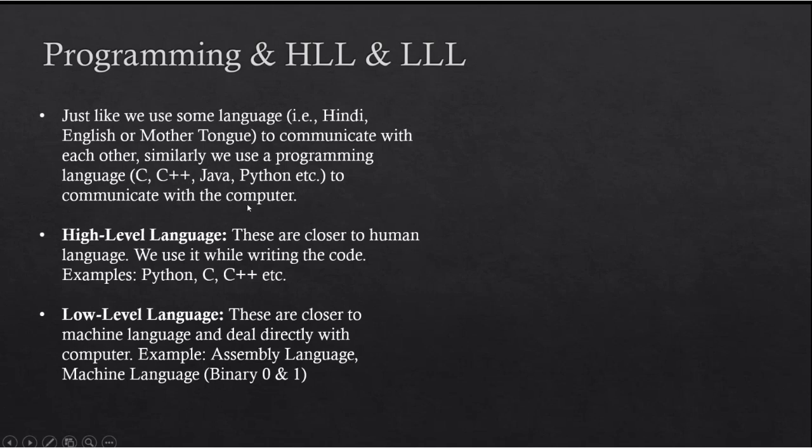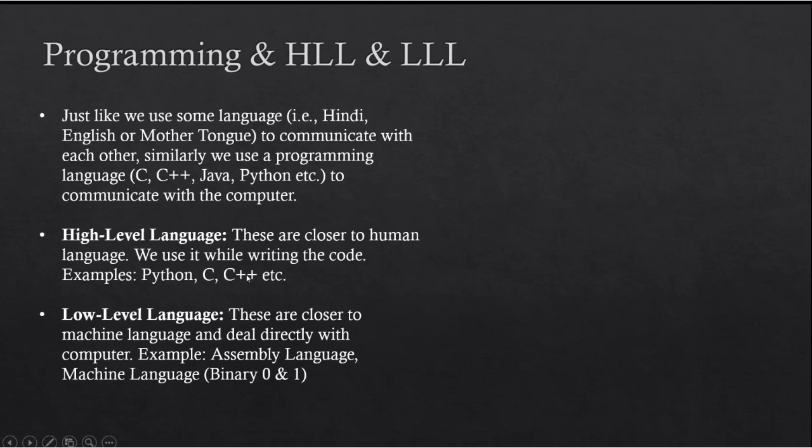When we talk about programming languages understandable to the computer, we come to high level language and low level language. High level language means the language we use to give instructions to the computer, like Python, C or C++.